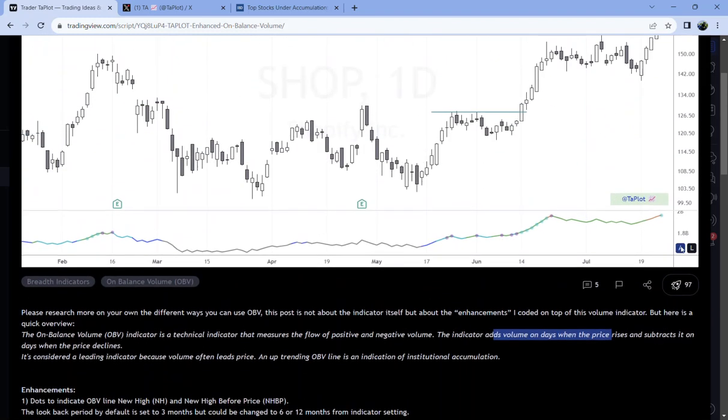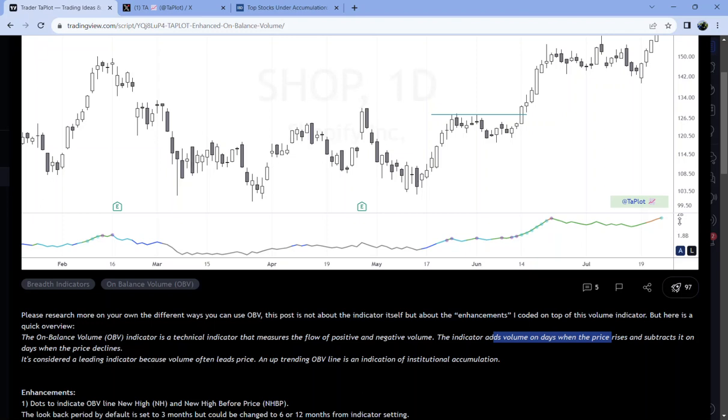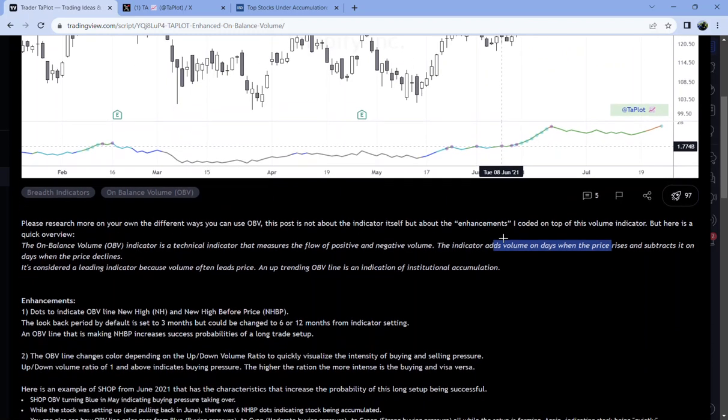The value of OBV here means nothing. It's really the slope of the line, the direction, the uptrend, the downtrend, the divergence with the price. Add the volume when the day is up, subtract the volume when the day is down. It is very simple. And that's really what this line is.